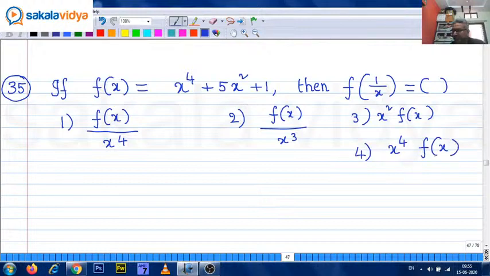This is the question. All of you go through the question, look at the screen. F of x equals x to the power of 4 plus 5x square plus 1. Then f of 1 by x we need to find out in terms of f of x.